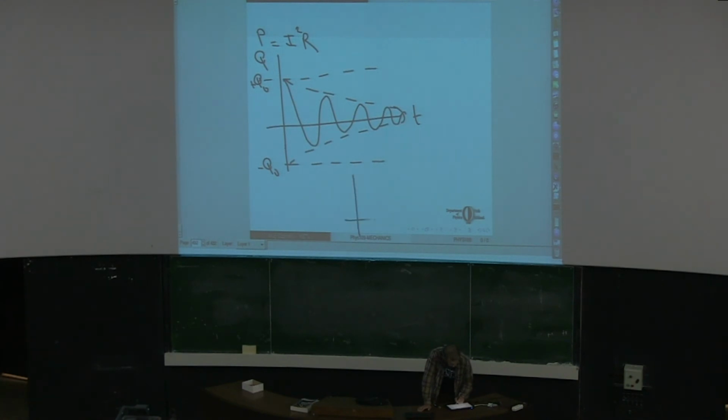If you would plot current as a function of time, in the absence of friction, it will just move from this value to this value back and forth, but when there is the friction, it will just decay. So this will be how it will behave.